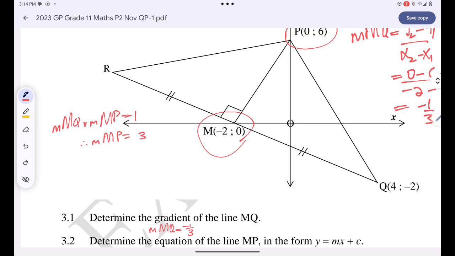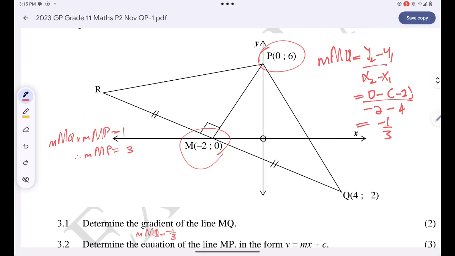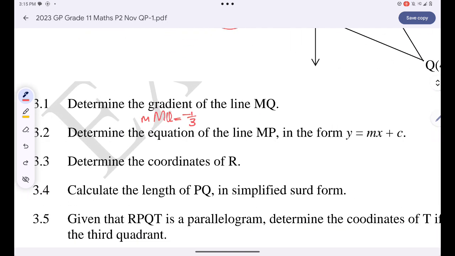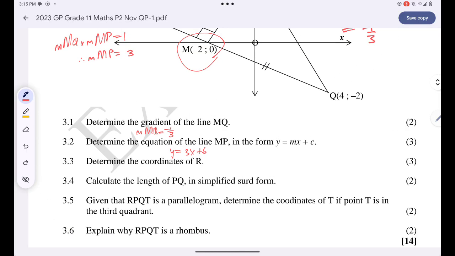If you have the gradient of one line and you want to find the gradient of the other perpendicular line, you just need to flip it around and change the sign. The gradient was negative 1 over 3. Whenever I flip it around, it will be negative 3, and then I change the sign, and hence I'll have positive 3, right? So I know the gradient. Luckily I also know the y-intercept. So the equation of my line, I'll just say y is equal to 3x plus 6.